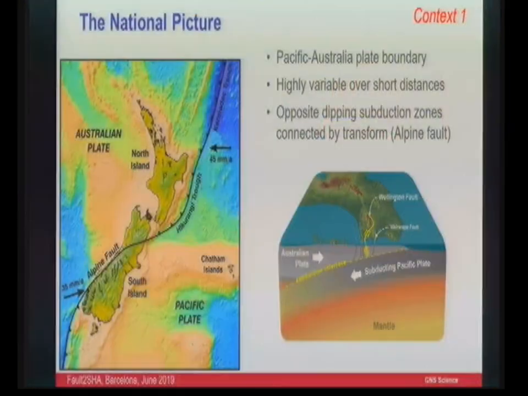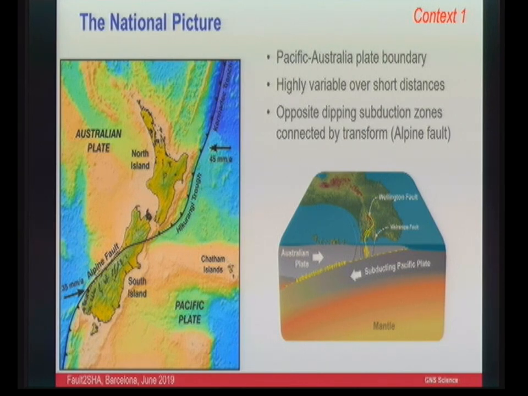Okay, the context. I'm sure most people know the New Zealand situation very well, or to some extent. Basically opposite dipping subduction zones connected by essentially a transform.